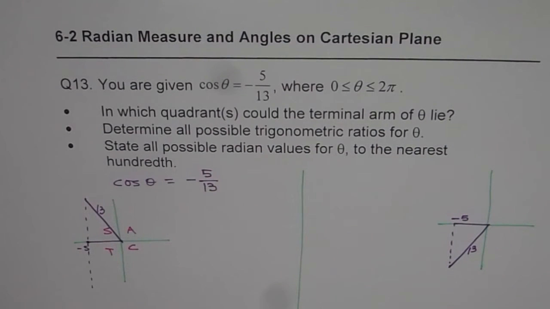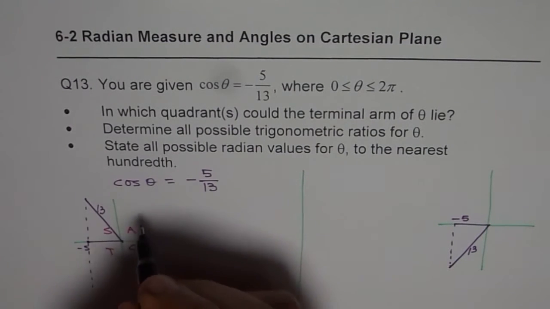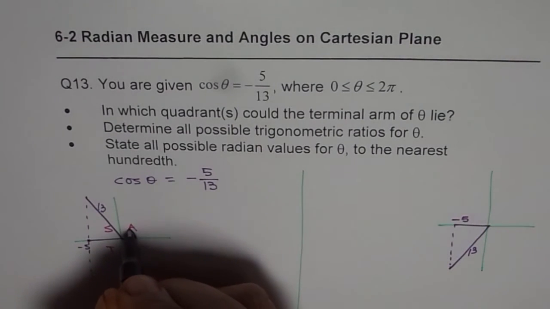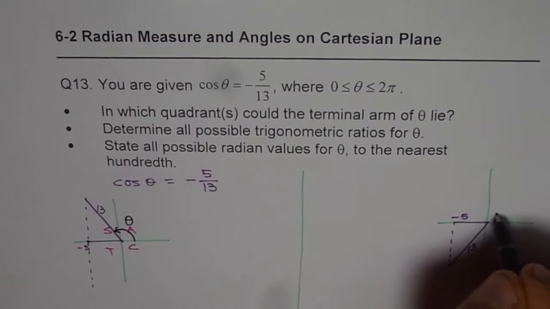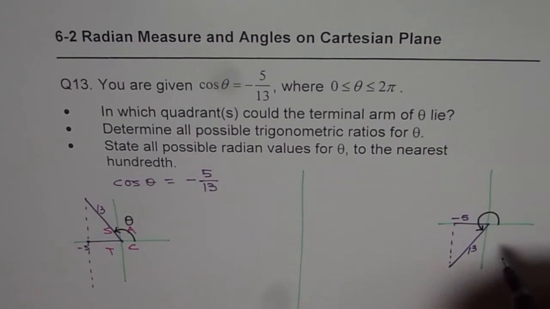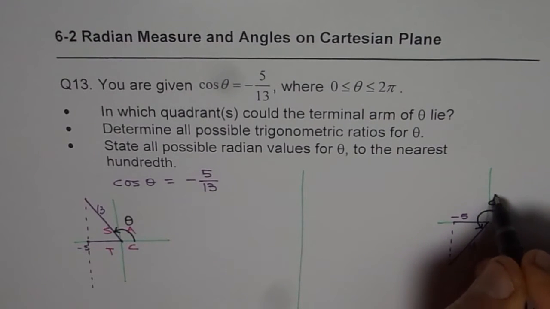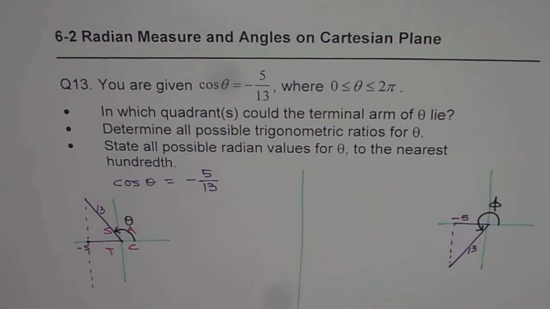So when we are saying cos theta, we are always saying principal angle, correct? So the principal angle in this particular case will be from the positive x-axis to this place, that is theta, right? In this case it is in quadrant 3. Let me call this angle phi just to avoid the confusion, okay?